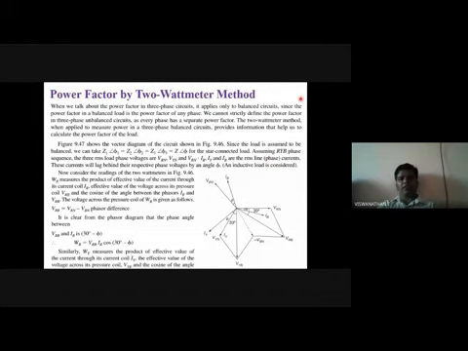In the last class we discussed how we measure power using the 2-wattmeter method in comparison with the 3-wattmeter method. For this we take the basic phasor diagram, R, Y, B. The phasor diagram gives the representation of phase difference, VRB is equal to VRN minus VBN.